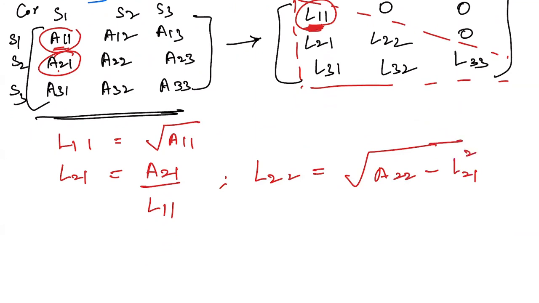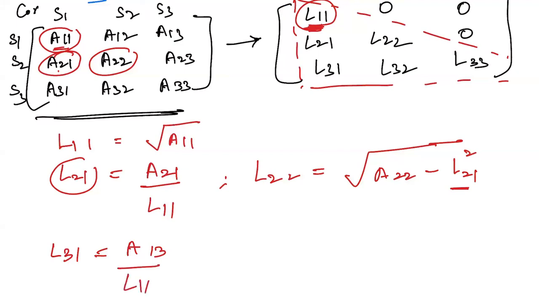A22 comes from the covariance matrix, and L21 is what we just calculated. Similarly, L31 is A13 by L11, so A13 by L11 will give you L31.